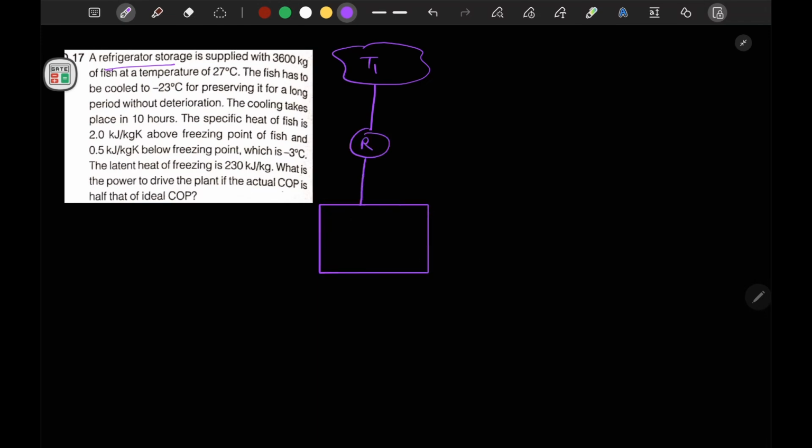Inside the storage, we will be supplying some amount of work W. It is absorbing heat Q2 from here and rejecting it at temperature T1. Now it is mentioned that we have supplied the refrigerator 3600 kg of fish. M is equal to 3600, where the temperature T1 is equal to 27 degrees Celsius, T2 is equal to minus 23 degrees Celsius, to preserve it for a long period without deterioration.